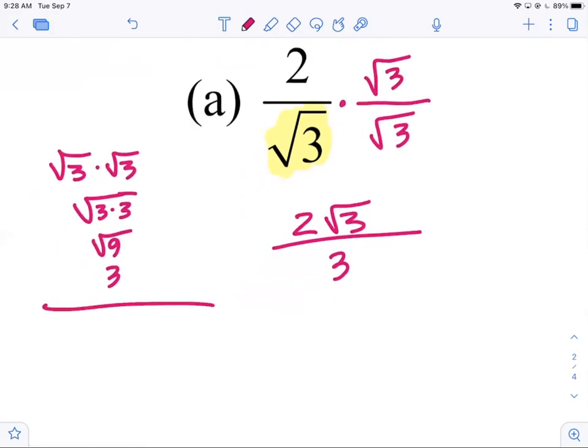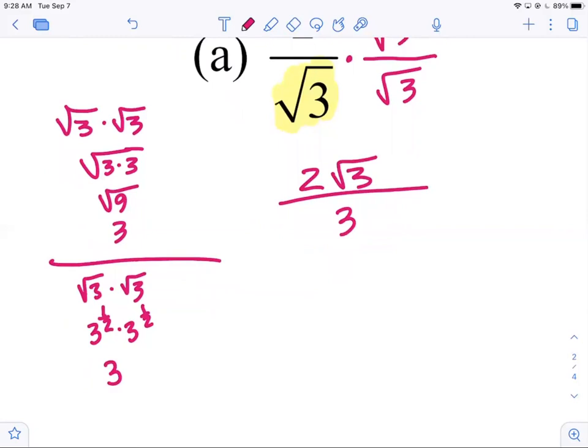Right? Or you could say the square root of 3 times the square root of 3 is 3 to the 1/2 times 3 to the 1/2. When the bases are the same, what do you do with the exponents? No. Think before you speak. You add them, right? What's 1/2 plus 1/2? 1. You get 3 to the first.